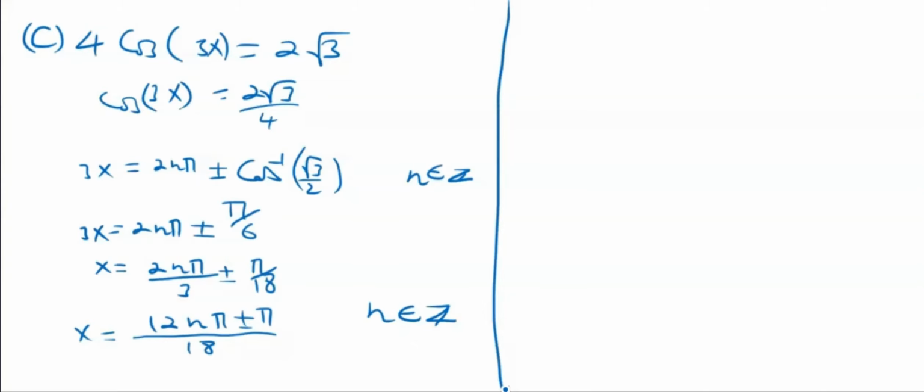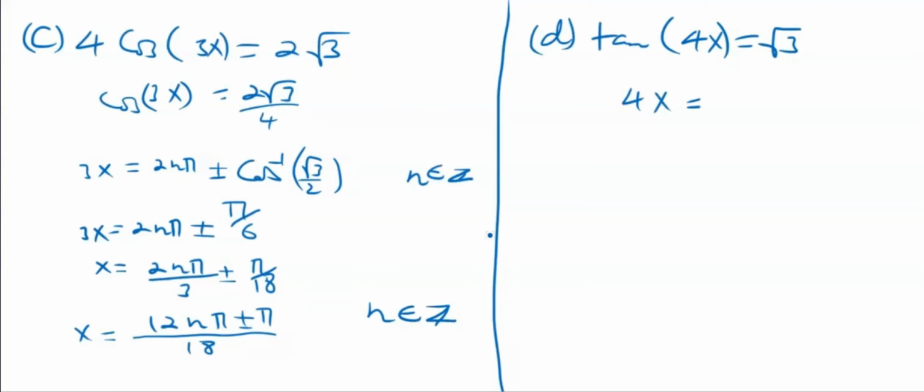One last example, based on the tangent function this time. Tan inverse square root 3 is pi on 3, based on the unit circle.